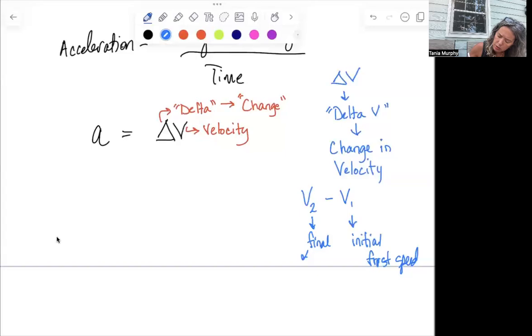This is your second speed. And that's how you will get this delta V term. You will just take the final speed, and from it, you will subtract the initial speed. And then once you subtract that, you will divide that by the time.